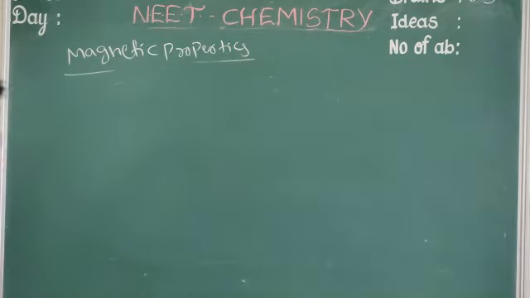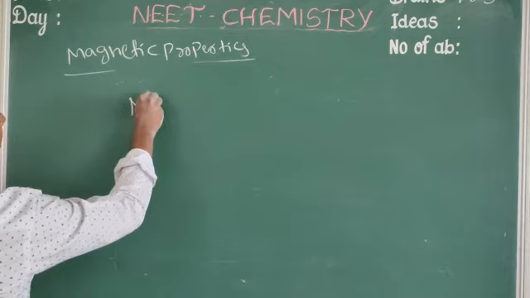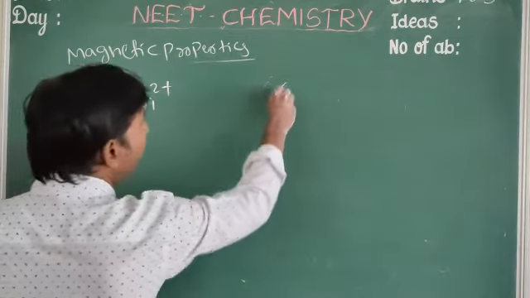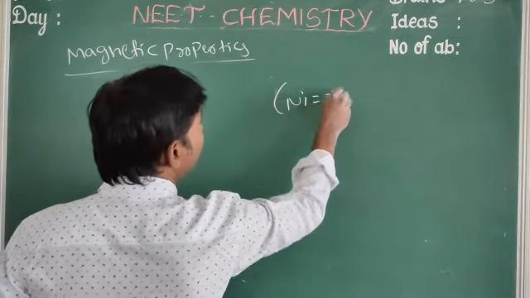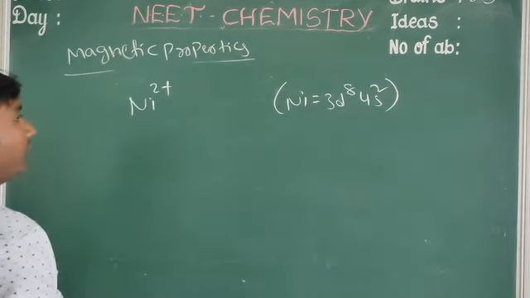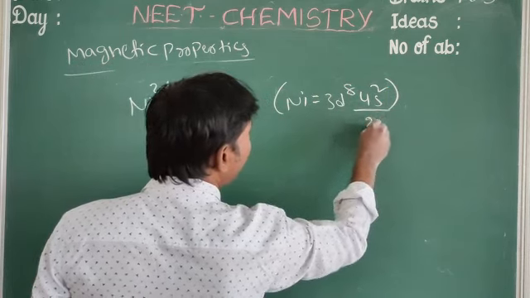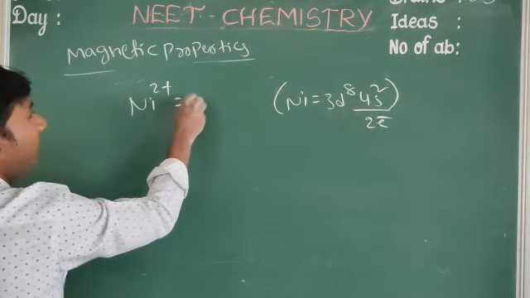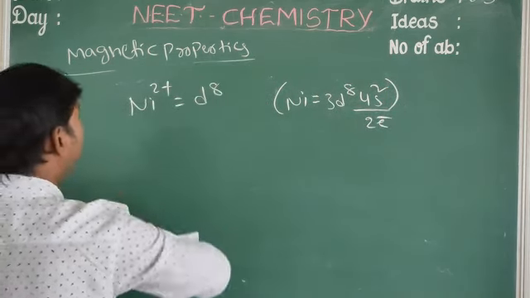Next one, for example, nickel 2+. Nickel configuration 3d8 4s2. Nickel 2+ means 2 electrons lost from 4s2, remaining is 3d8.